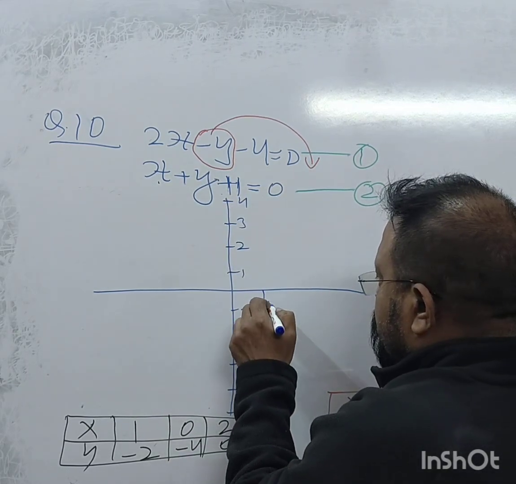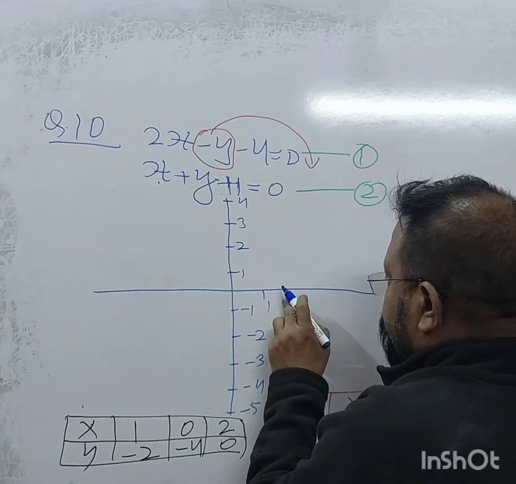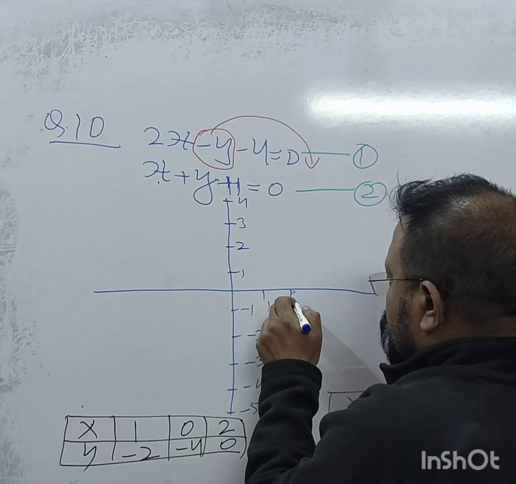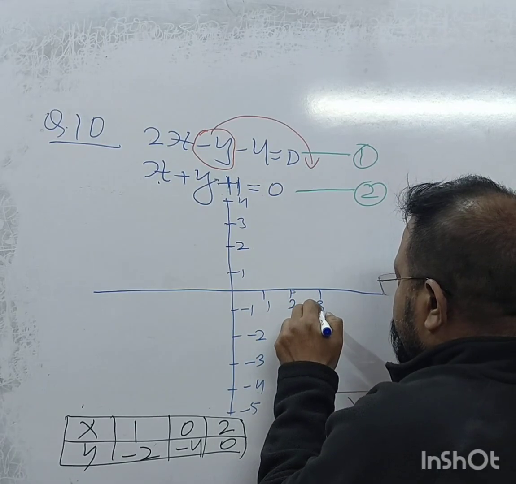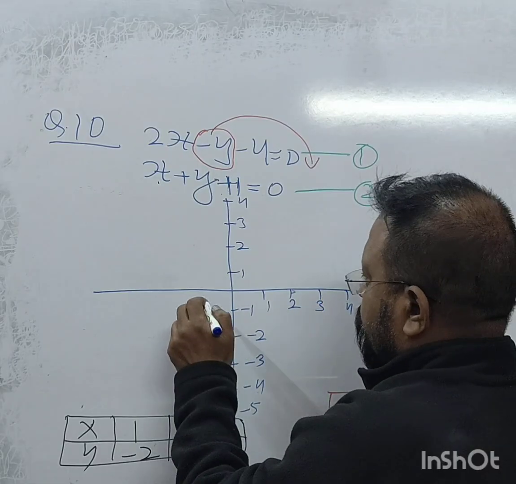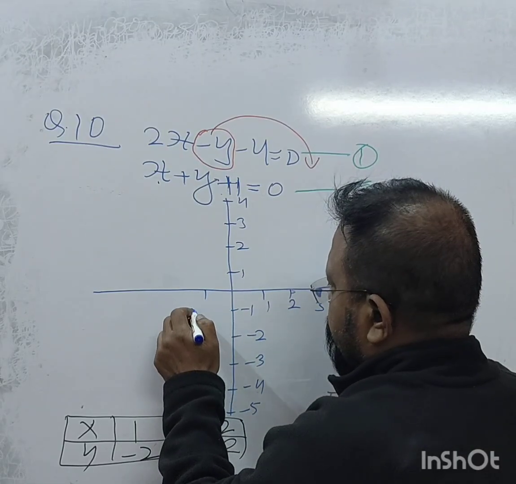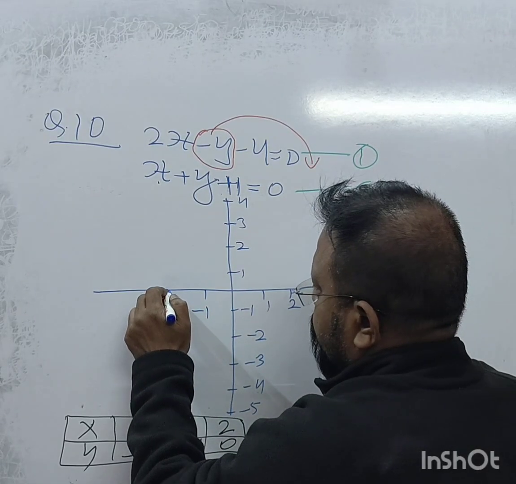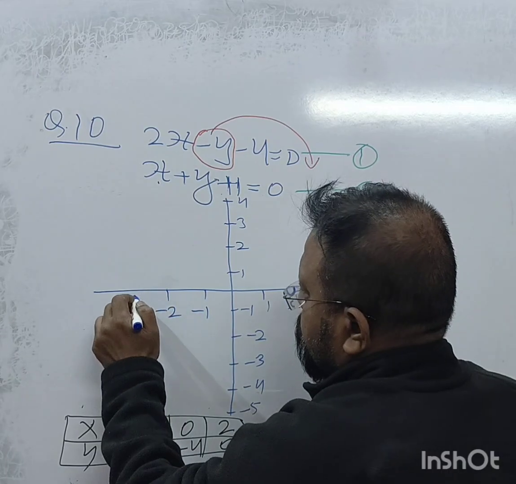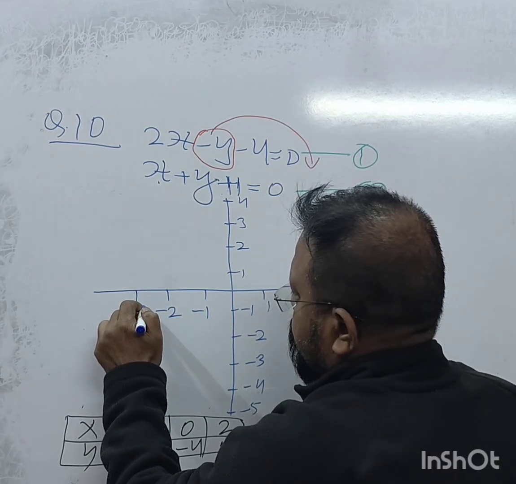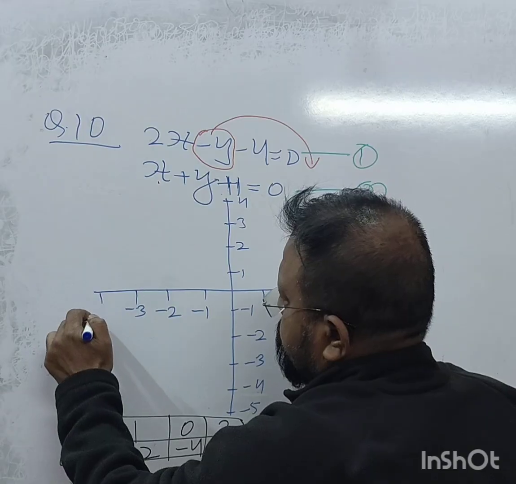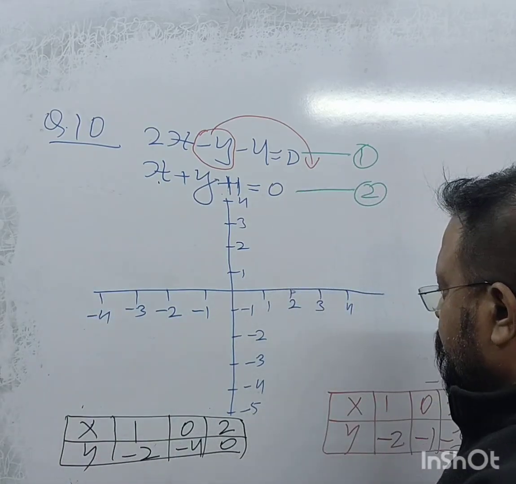We have minus 1, minus 2, minus 3, minus 4, right?